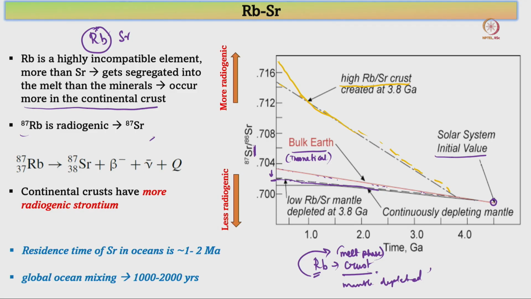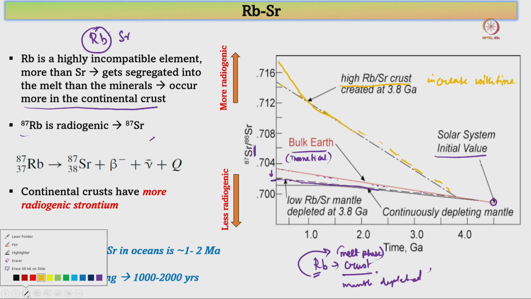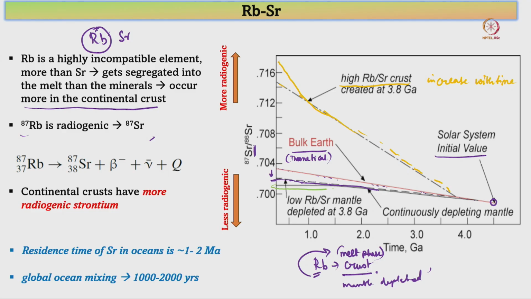The radiogenic values in the crust will increase with time. Right. So, it will increase with time, and just the opposite will also happen, okay. Just the opposite will happen for the mantle, okay. You see the mantle, the curve gets like this.